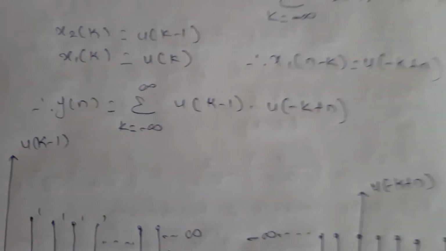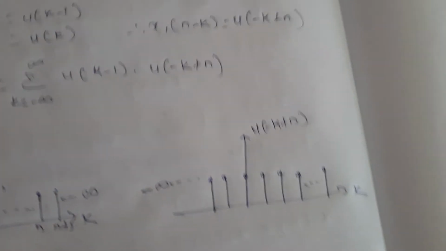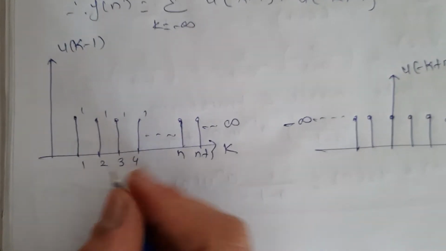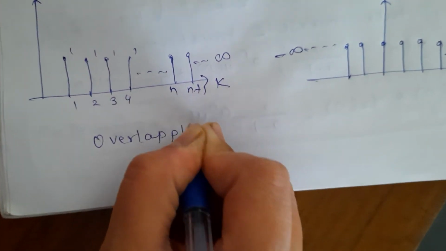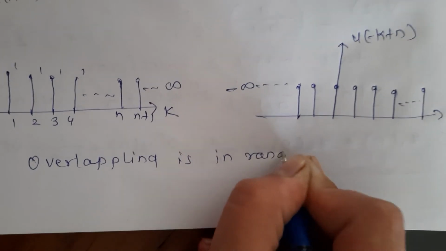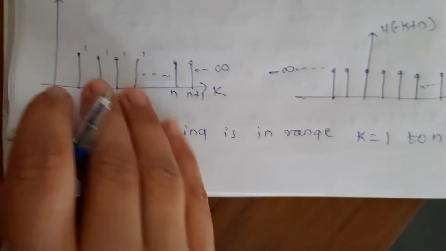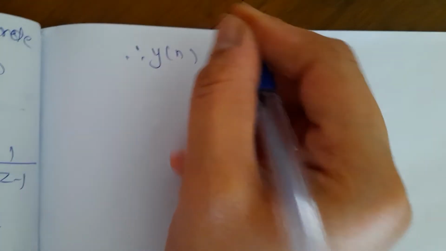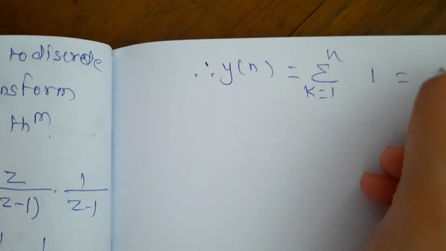The next step is this overlapping is in the range of k is equal to 1 to n. We write here, overlapping is in the range k is equal to 1 to n. So y(n) is equal to summation k goes from 1 to n of 1.